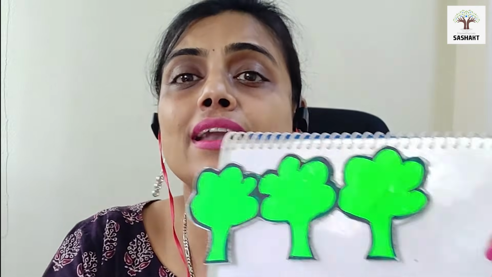I'm just trying to give you an idea so you can create your own stuff around it. So 3, and then you say 1 more. You don't see one single tree here. Where have I kept it? Maybe I dropped it on my way while picking it up from the cupboard.